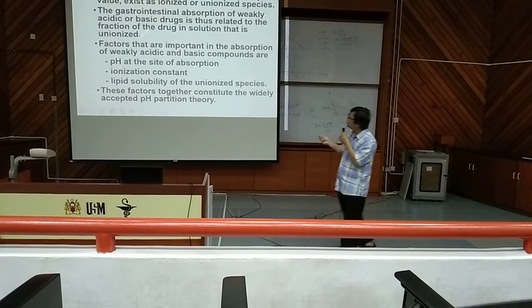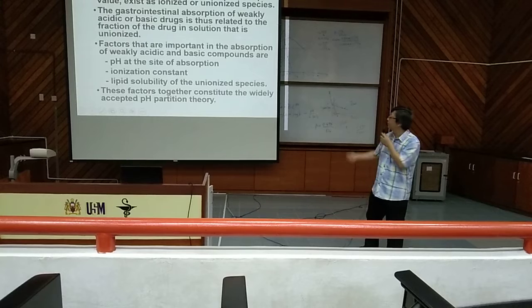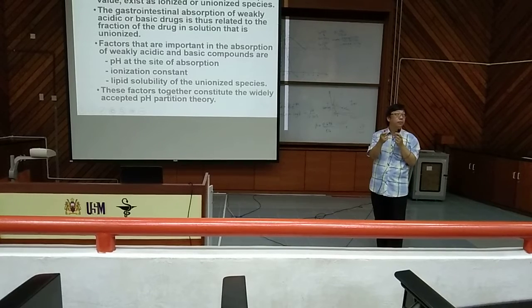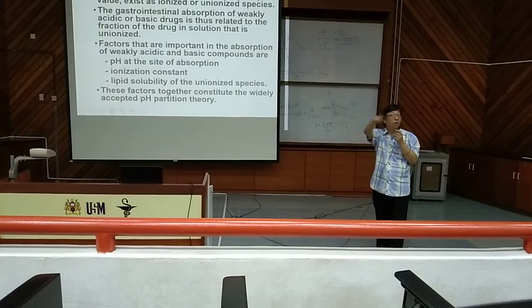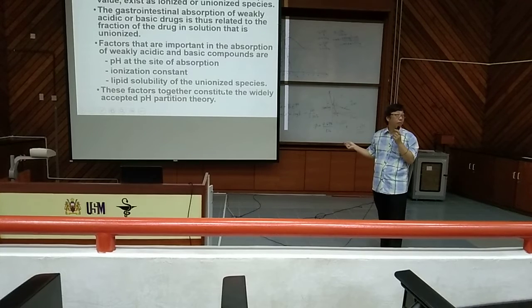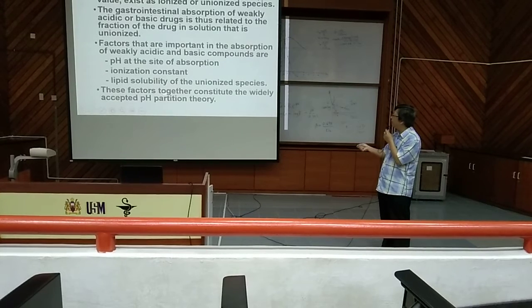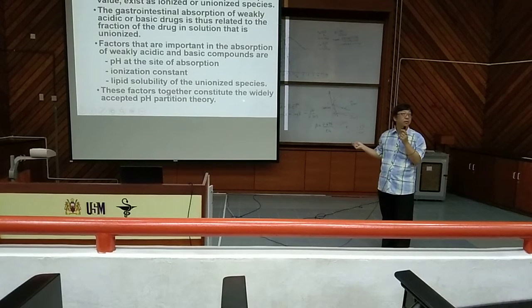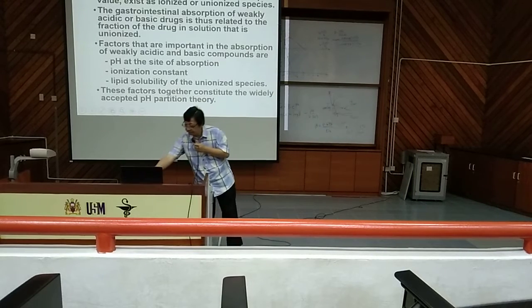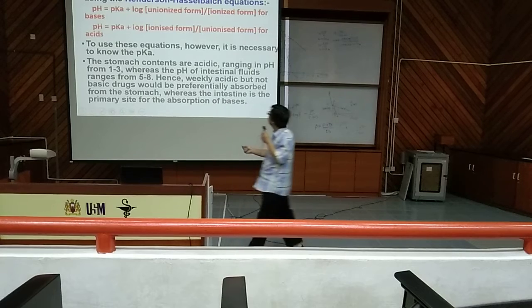Okay, for the ionization constant, this is more to the chemistry part. Factors that are important in the absorption of weakly acidic and basic compounds are the pH and the site of absorption. Remember, just like I mentioned to you, it is your microenvironment, your ionization constant, and the likely solubility of the unionized moiety.